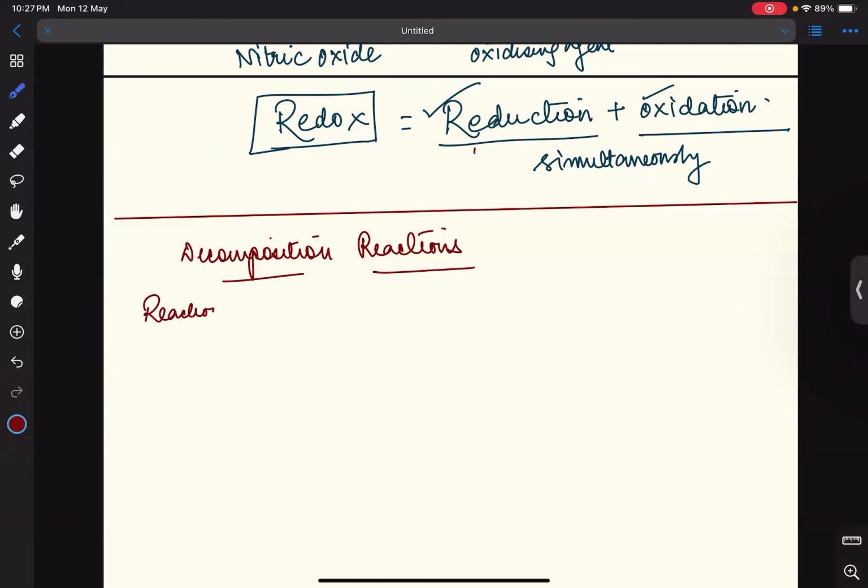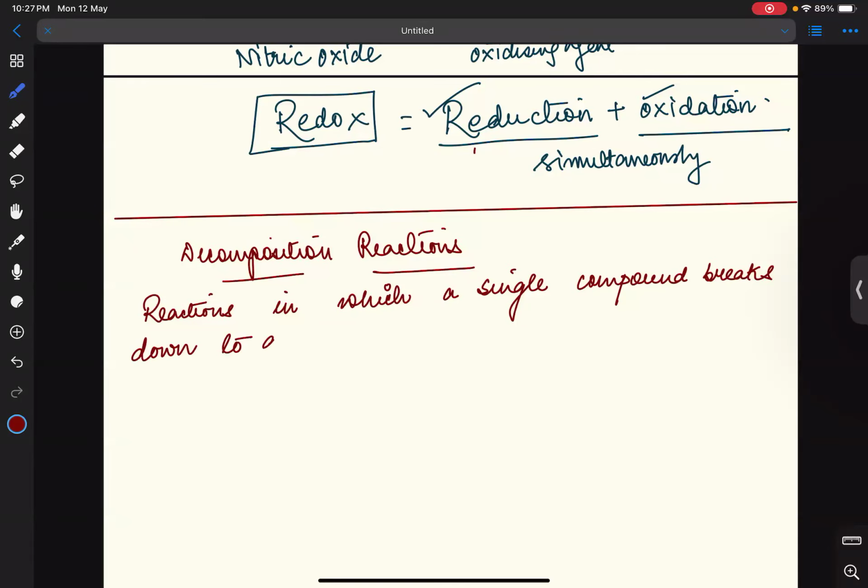Reactions in which a single compound breaks down to give two or more than two simpler substances.